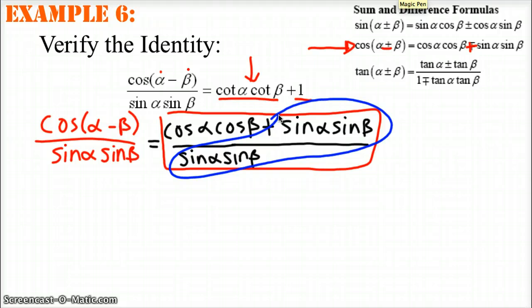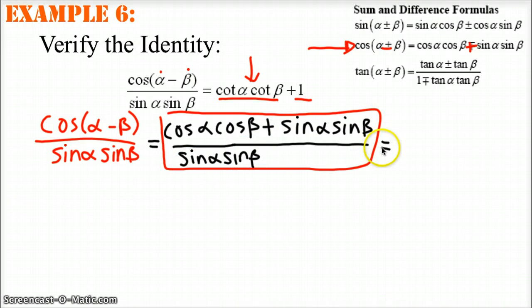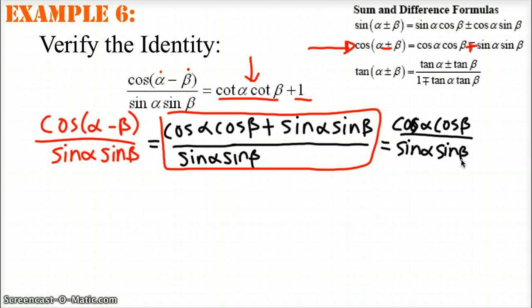So I'm going to separate it out into two different fractions with the same denominator. So this fraction will turn into cosine alpha cosine beta over sine alpha sine beta plus sine alpha sine beta.